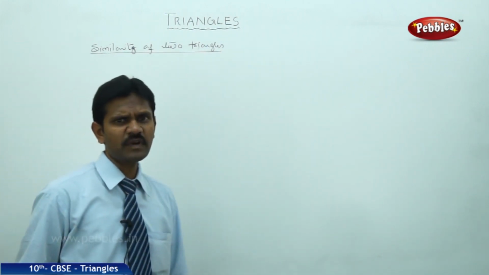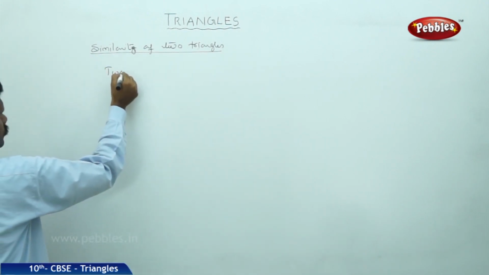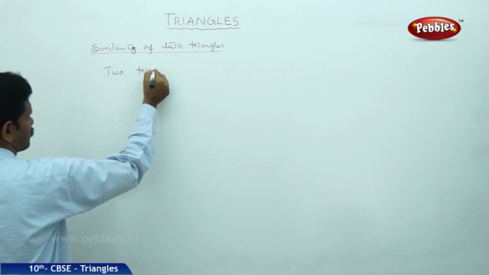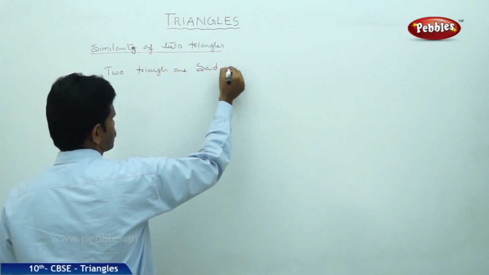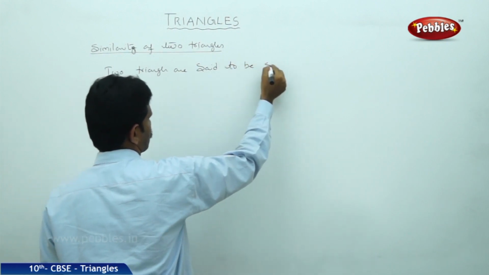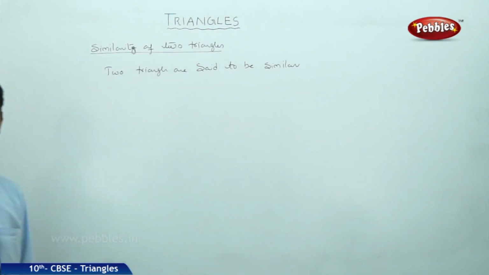What is meant by similarity? That is, two triangles are said to be similar.